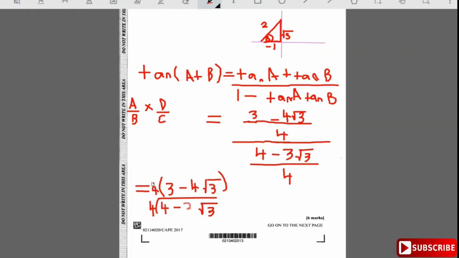These 4s cancel. So I'm going to multiply both the numerator and the denominator by 4 plus 3 root 3 over 4 plus 3 root 3.